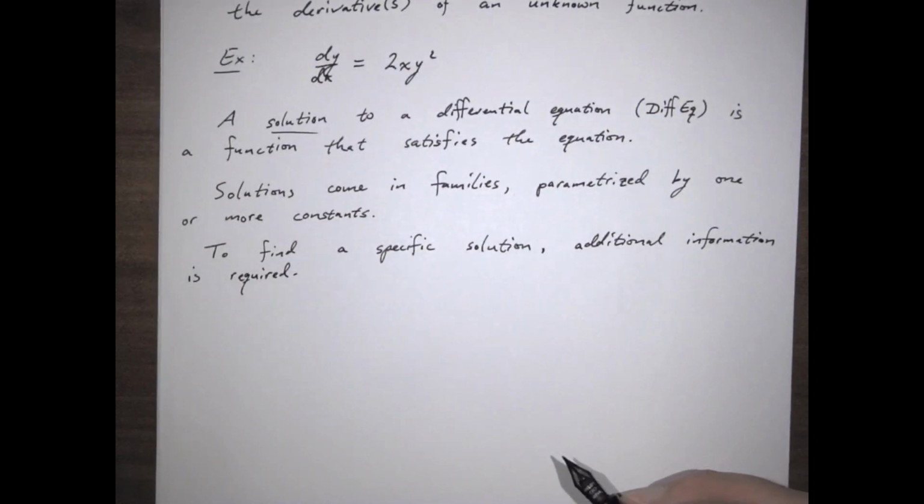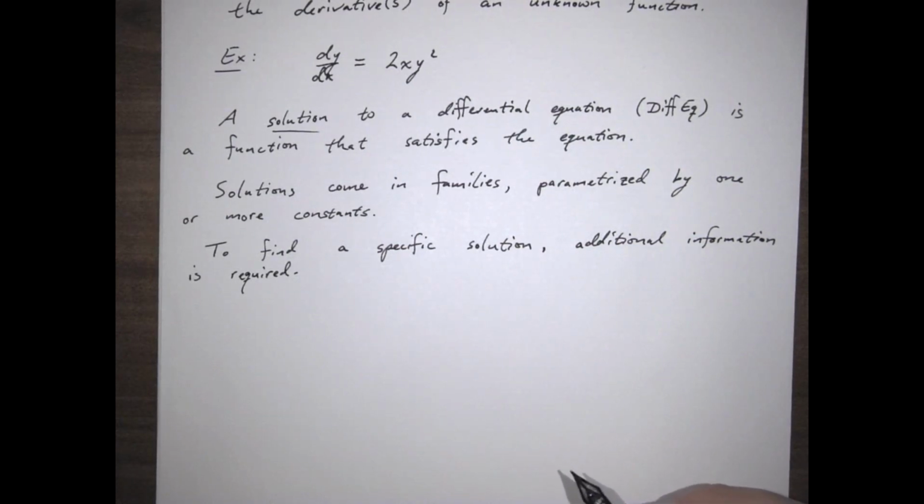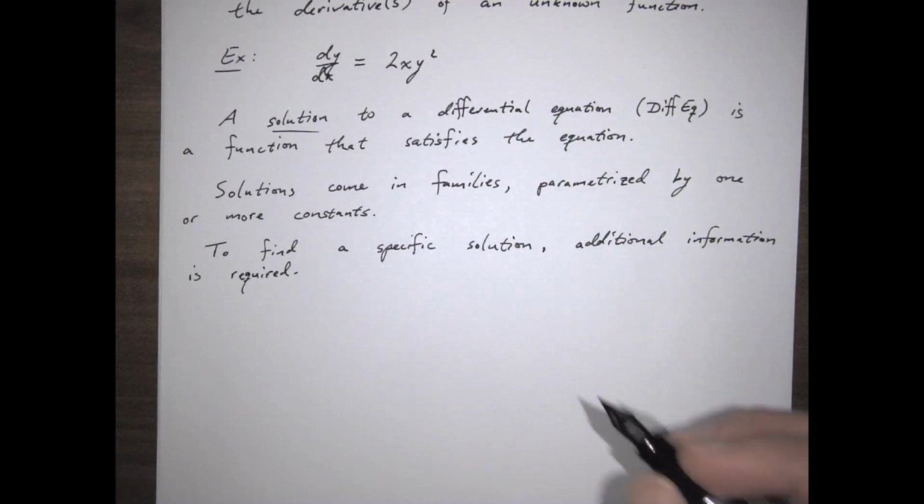And what that additional information usually comes in the form of is some specific value or values of either the function or the function and its derivatives.